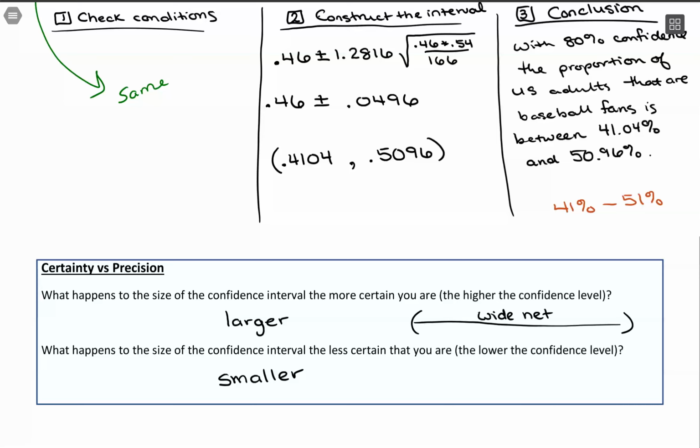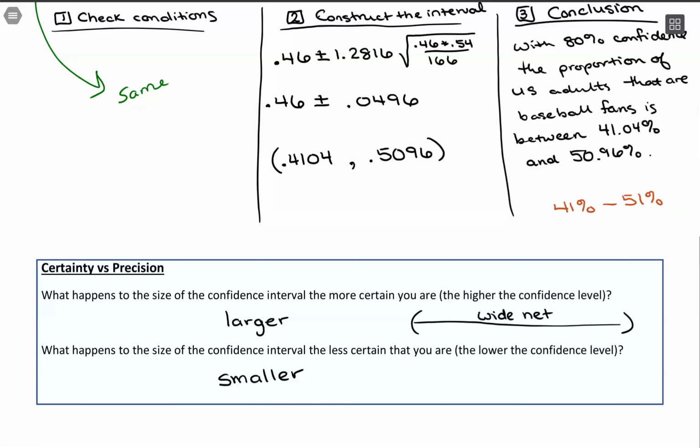Whereas when I decrease my confidence, say I go fishing and I'm 80% confident, or let's even bring it way down for an exaggerated example, say I'm only 10% confident I'm going to catch a fish, maybe I would just take one of those little aquarium nets, my confidence is so low, the teeniest, tiniest little net, and just splash in the water and not really try all that hard.